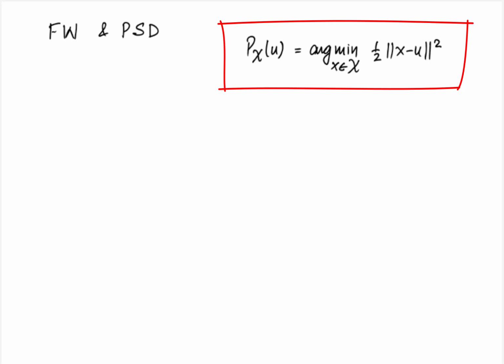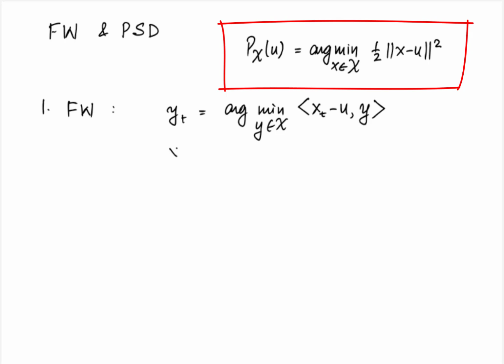So one way to calculate the projection iteratively is using the Frank-Wolfe algorithm, which would take the iterations y_t equal to argmin over y in calligraphic X of inner product x minus u, y, and x_(t+1) equal to (1 minus eta_t) x_t plus eta_t y_t.